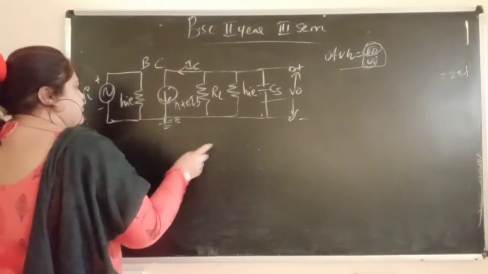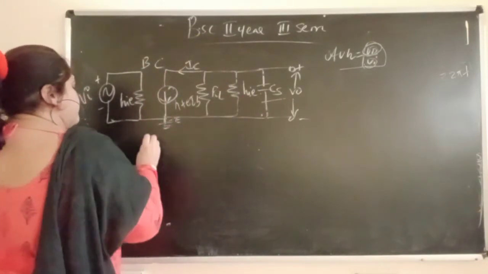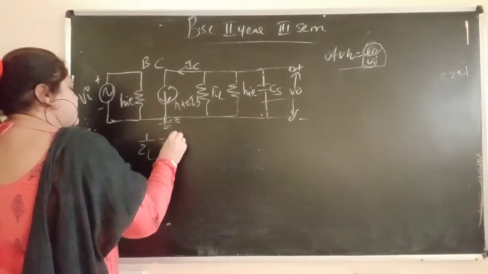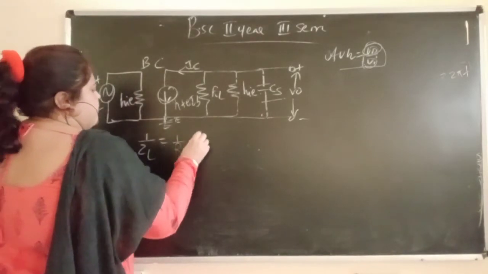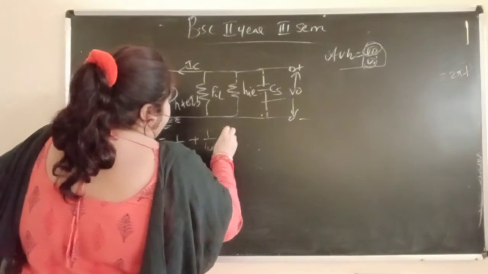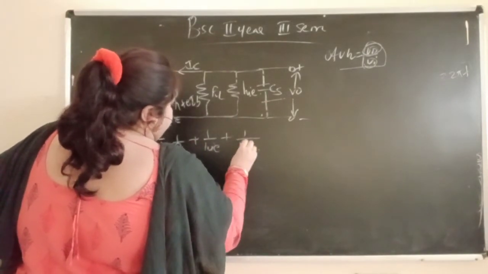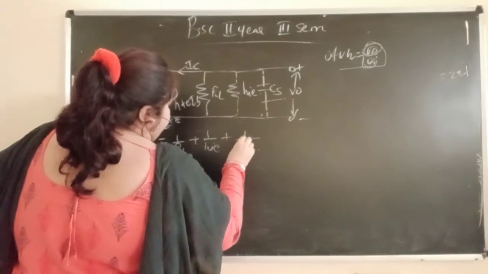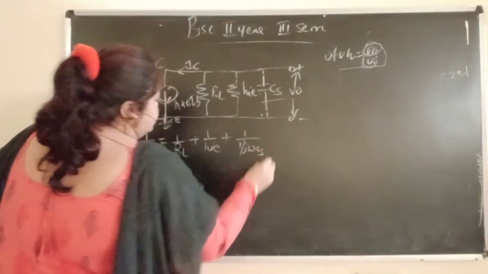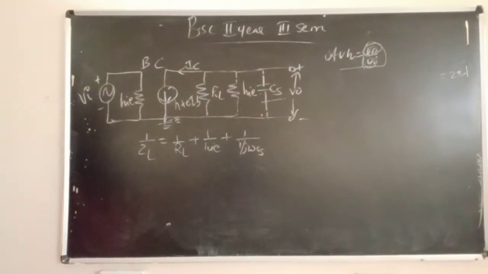Now first we have to reduce them to one. 1 by ZL equals, all are in parallel, 1 by RL plus 1 by HIE plus 1 by 1 by j omega CS. Why 1 by 1 by j omega CS? Because it is connected in the form of parallel. That's why we are making them one.